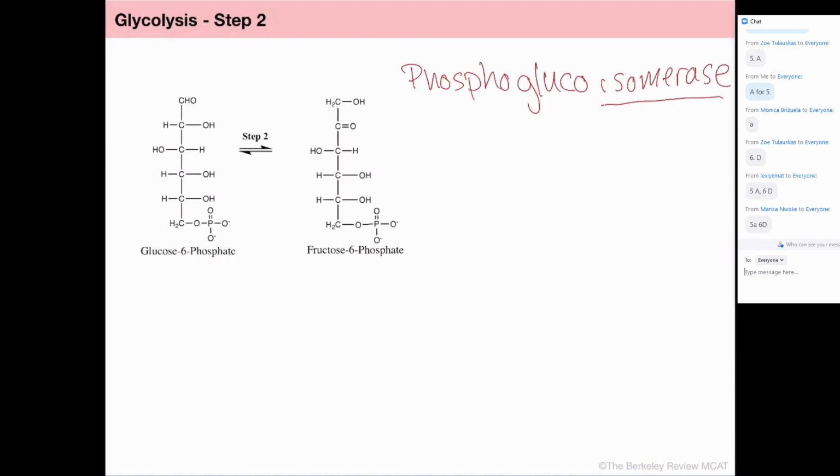This is an isomerase. You can see that it's going to catalyze the movement of this carbonyl oxygen, this aldehyde. It's going to turn it into a ketone down here at C2. And so this sets us up to put a phosphate group onto C1 of fructose 6-phosphate in step 3.